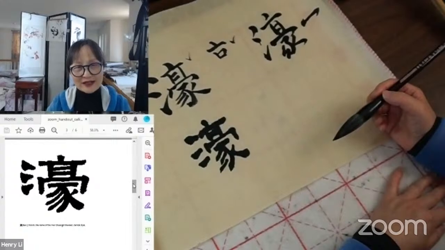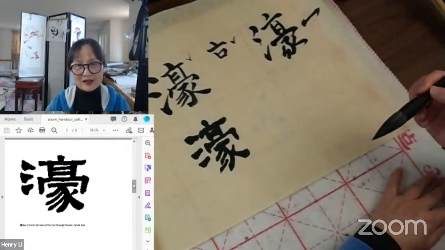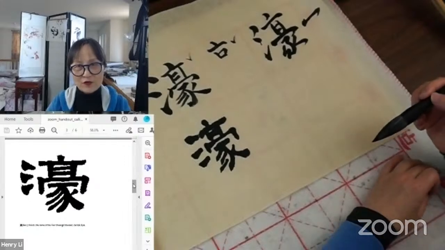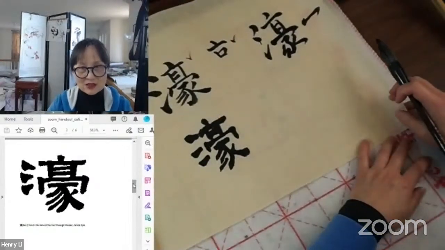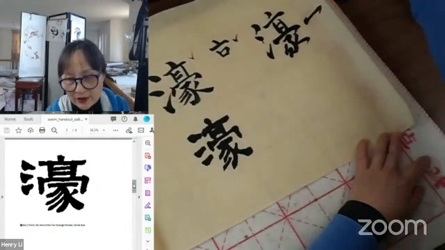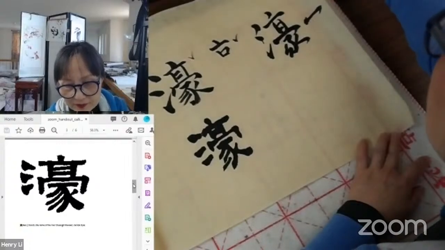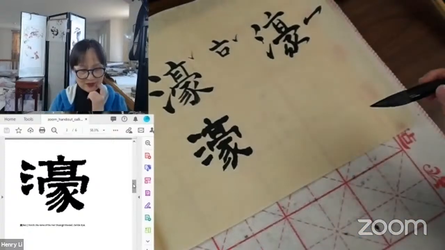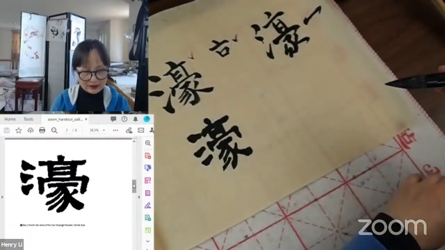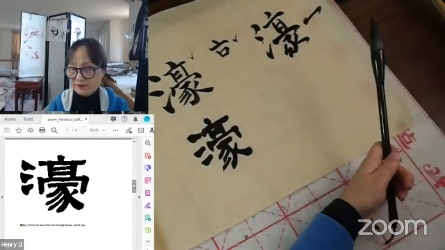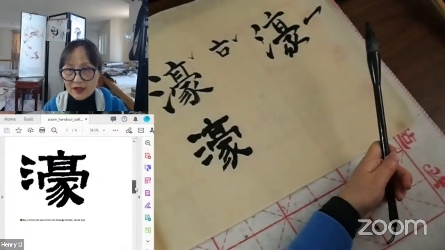I don't know why it's shorter, but try to understand the basic principle: it comes from a picture-like thing, not a perfect square or rectangle. So the 3 dots can be short, but try to get a balanced look on the whole character. Okay.